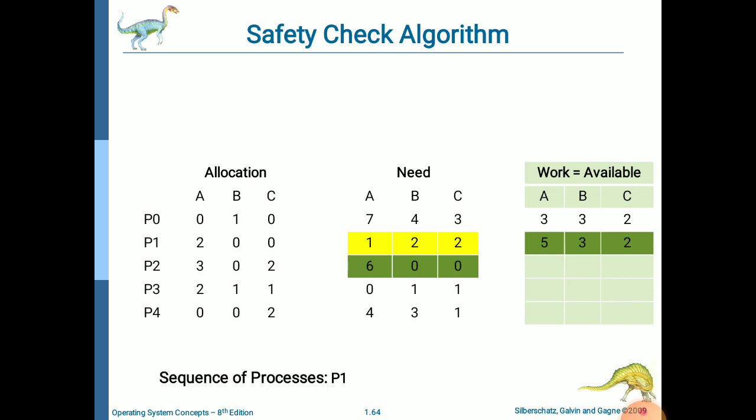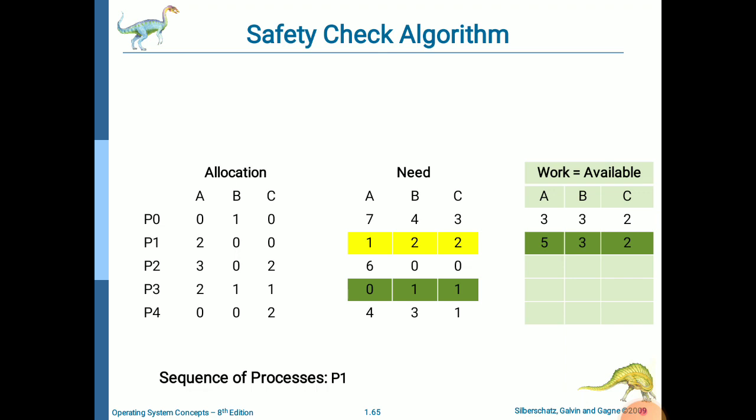So we'll go for the next process, P3. P3 has a need of 0, 1, 1, but the work or available resources are 5, 3, 2. So it is possible to execute. P3 can be executed and it will return its resources.